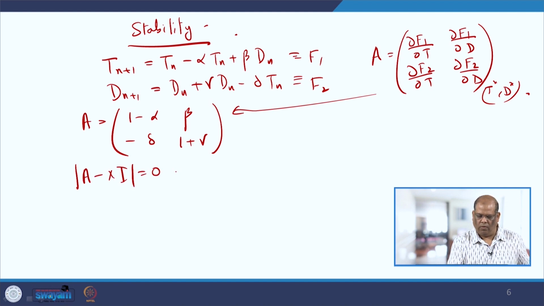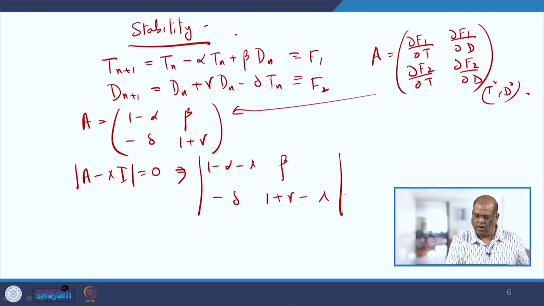This will give (1 - alpha - lambda)(1 + gamma - lambda) - (beta)(-delta) = 0, where lambda is your eigenvalue.